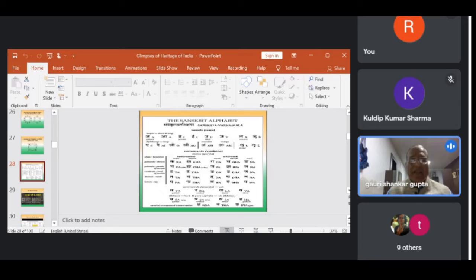And Pe varg actually comes on the lips, Pe, Fe, Be, Bhe, Me. So it starts from the lower part of the mouth, keeps moving upward, and ultimately the Pe varg comes on the lips. This is a very systematic way of pronouncing the consonants in Sanskrit.